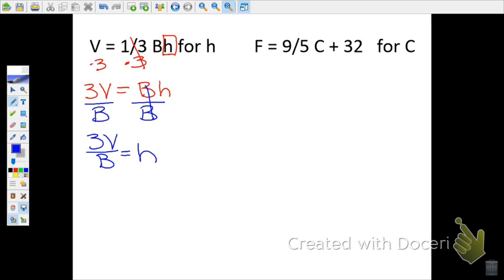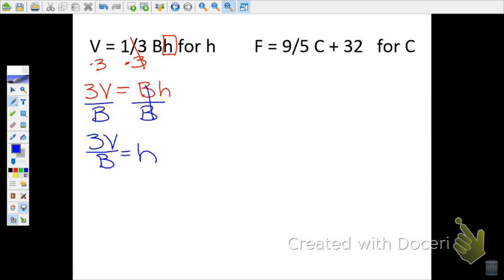Last one. Anybody recognize what that formula is? Science. Something about turning Celsius into Fahrenheit. Okay, so this is Fahrenheit. 9/5 times the Celsius temperature plus 32.